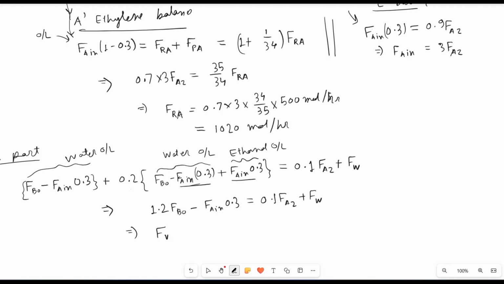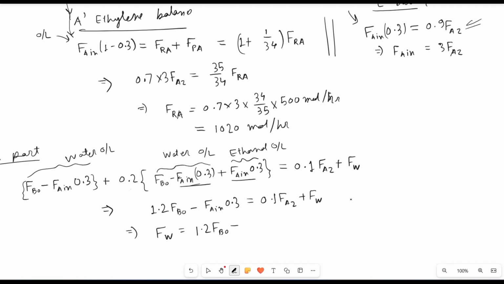Now, wastewater is equal to 1.2 FB naught minus 0.3 FA in, and this value is equal to 0.9 FAZ.